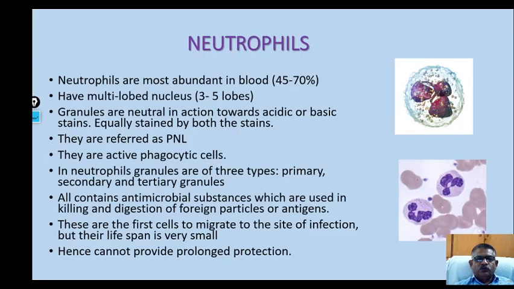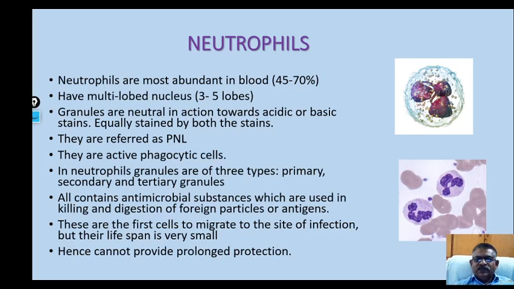Neutrophils are more abundant, 40 to 70%, and contain 3 to 5 lobes. It appears like this under stained preparation, and it is very easy to identify because they are more in number. It is the only leukocyte, you can say, which is multilobed, having more than 2 lobes.